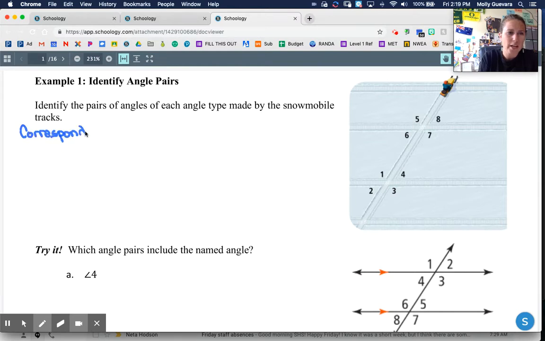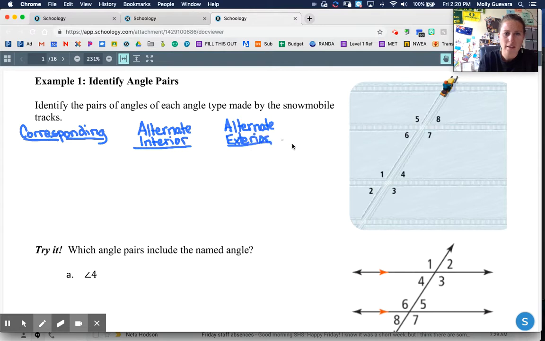So which angles are corresponding? Then identify the alternate interior. Which ones are alternate interiors? Then we're going to identify the alternate exterior. Wow, I can spell. There we go.